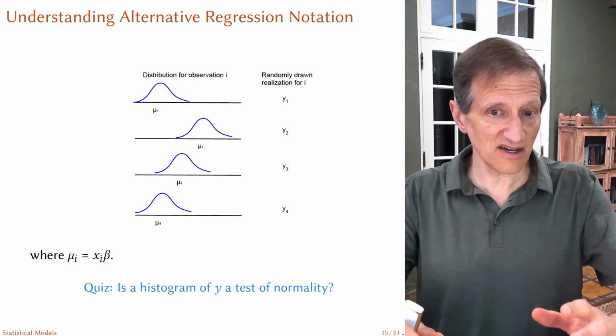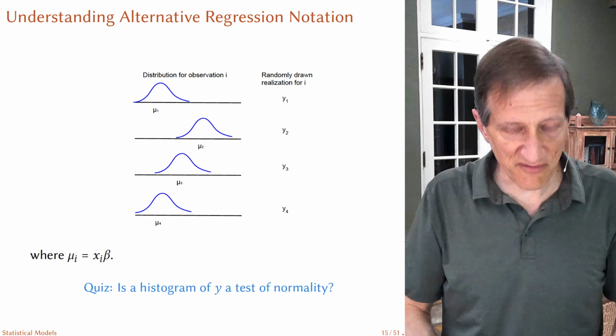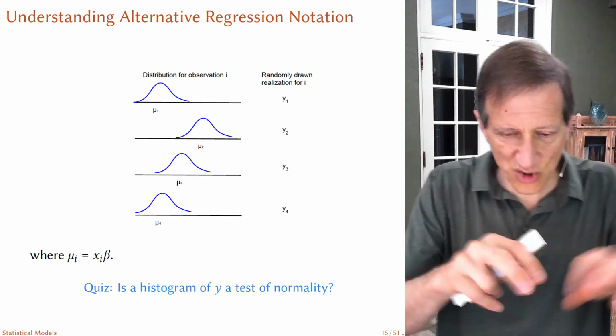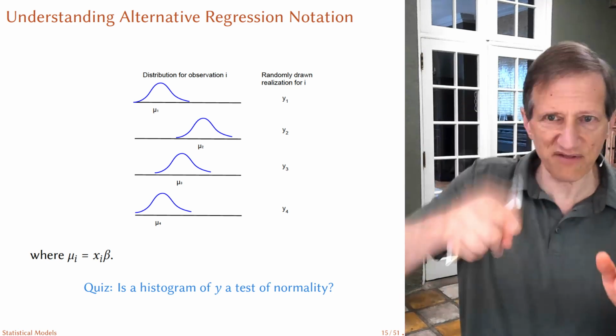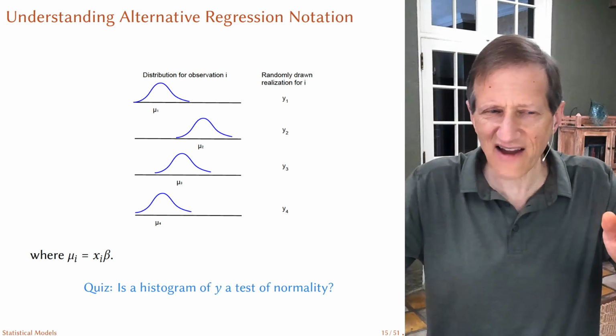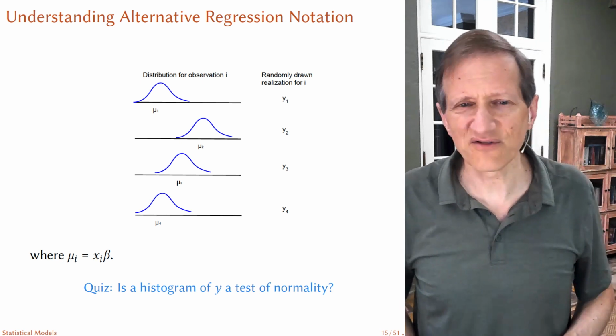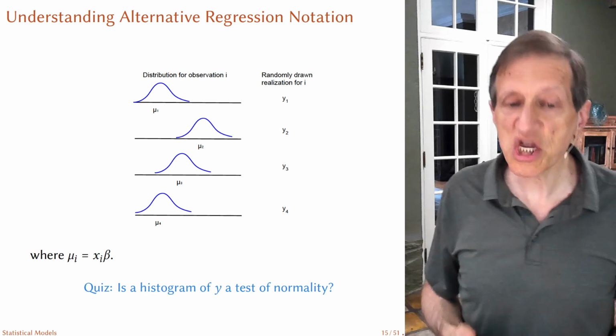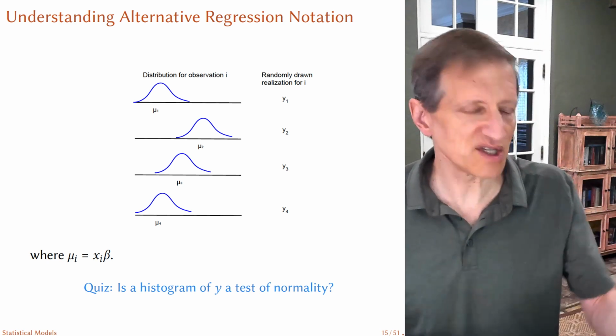So you take your dependent variable, a column of n observations, you sort them into bins, and you plot the height of the bins, right? And you get a little distribution. Is that actually a good test of normality? In other words, if that looks sort of normal, do you say to yourself, yeah, y is normal, it fits this assumption.